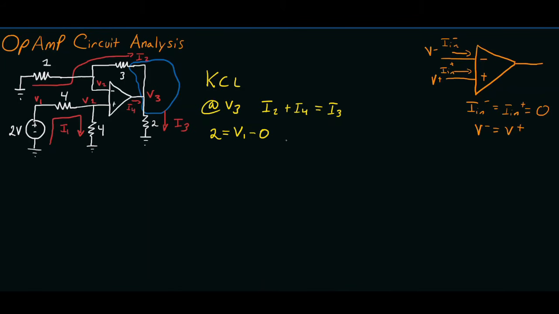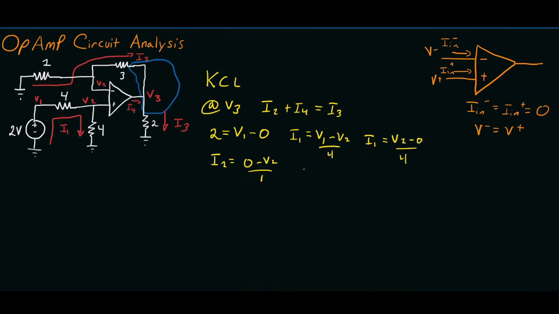Beginning with the first 4 ohm resistor, we can write that I1 is equal to V1 minus V2 divided by 4. Our next 4 ohm resistor is going to be I1 is equal to V2 minus 0 divided by 4. Now we can do the 1 ohm resistor, and that's going to be I2 is equal to 0 minus V2 divided by 1.